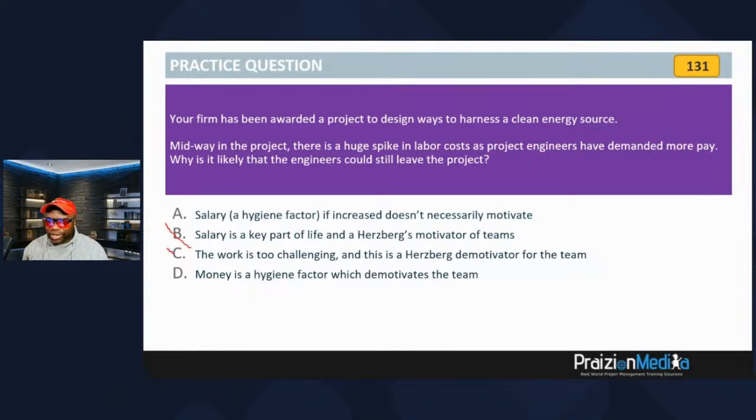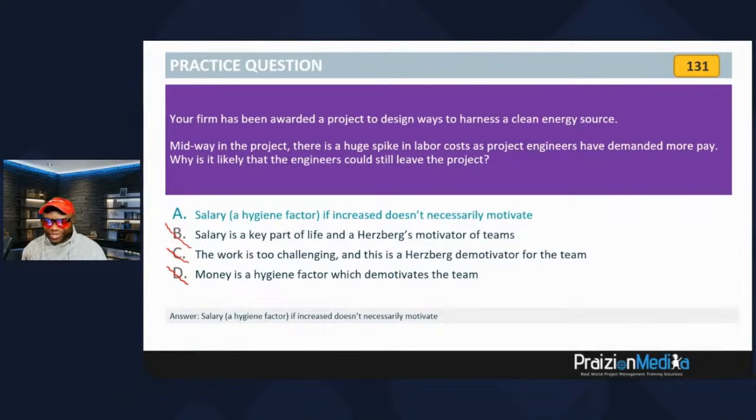Well, challenging work can actually be a motivator, so that's not true. D, money is a hygiene factor, which demotivates the team. No, salary is a hygiene factor, and if it's not available, could demotivate the team. So they got everything skewed in B, C, and D. The best option is A, salary is a hygiene factor, if increase doesn't necessarily motivate.